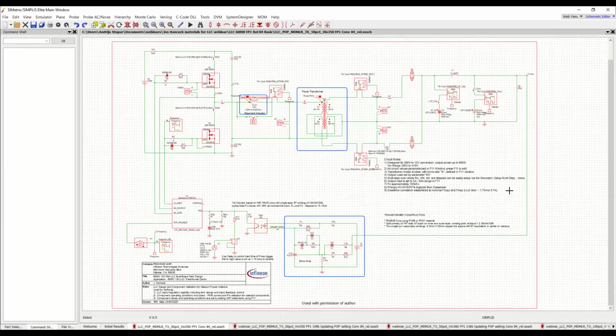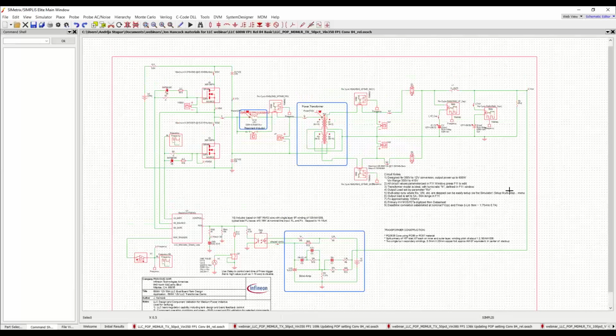Again, the simulation model was kindly provided by John Hancock and Infineon, but built on top of the standard SIMPLIS LLC schematic that you will find in our examples, of course modified to accurately model all the components that Infineon was using and adjusted to their power level, switching frequency, and so forth.